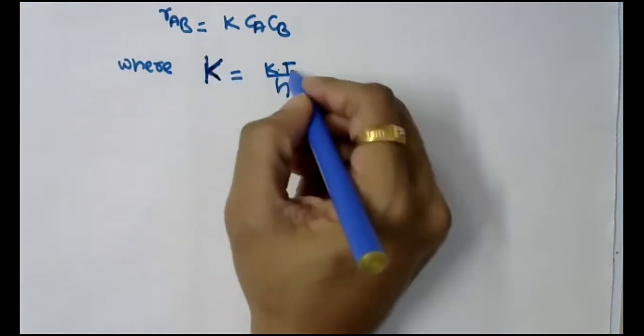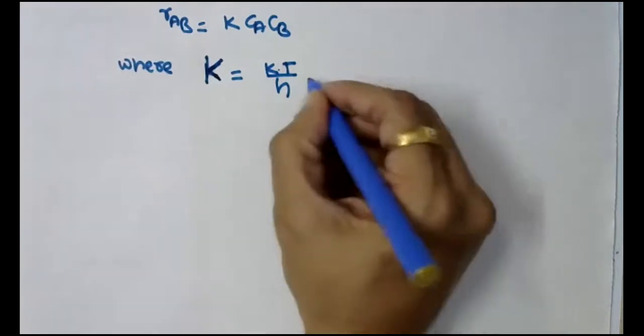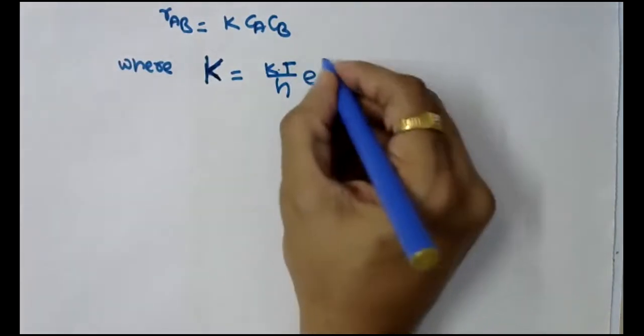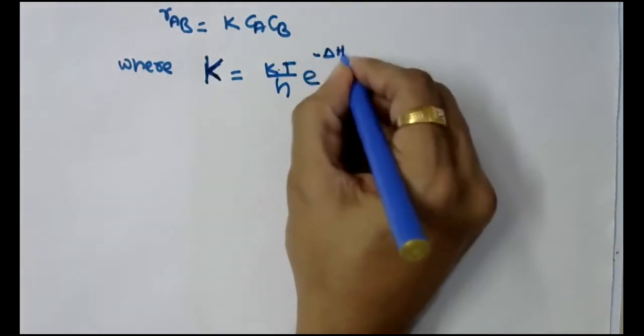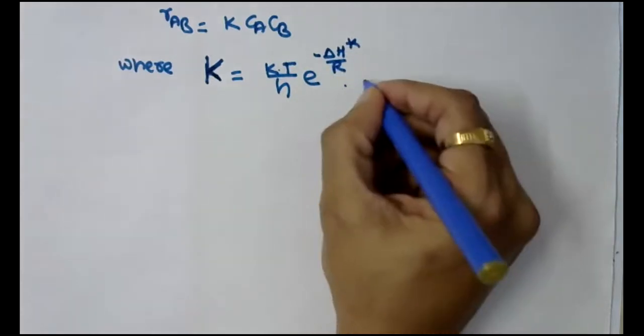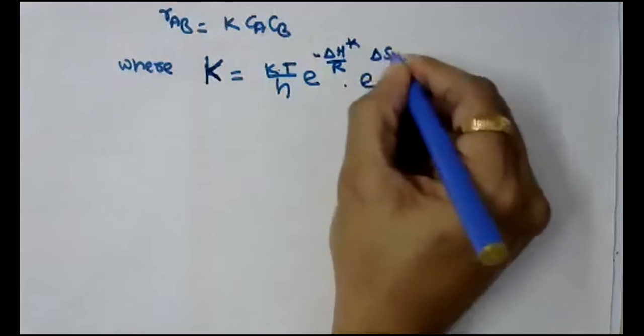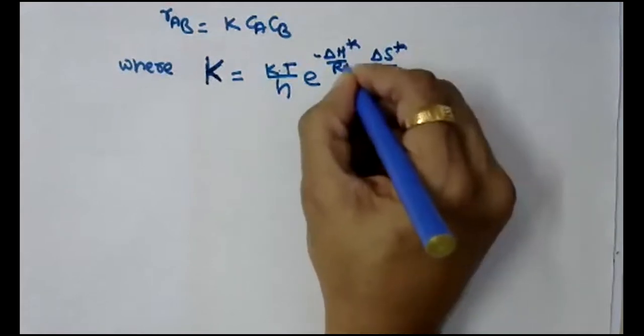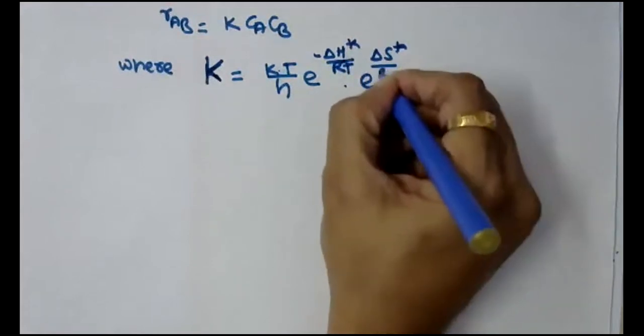This K is equal to KT by H, e raised to minus delta H star upon RT into e raised to delta S star upon R, sorry, this is RT, this is R.